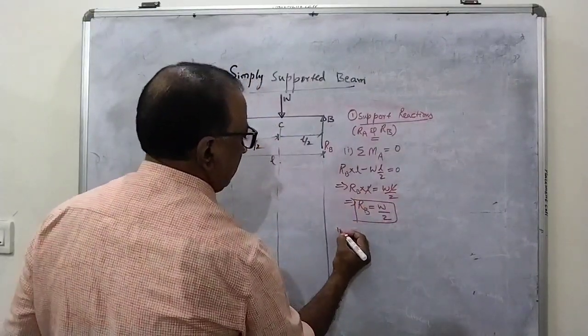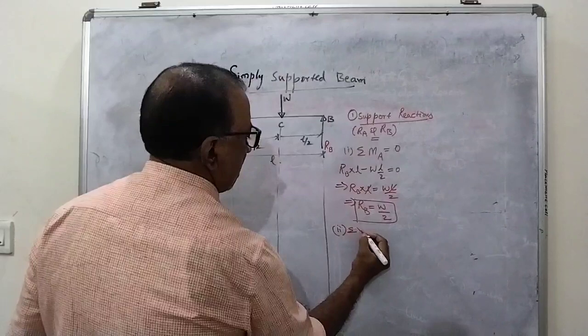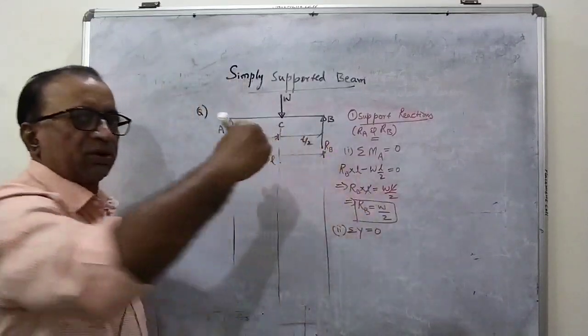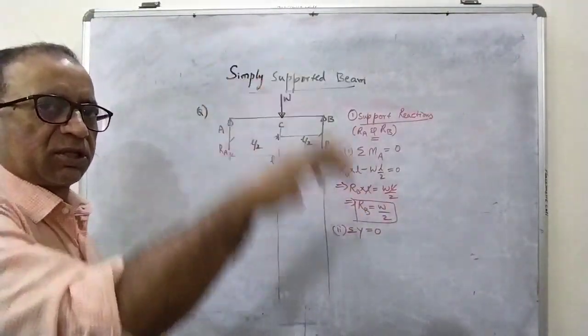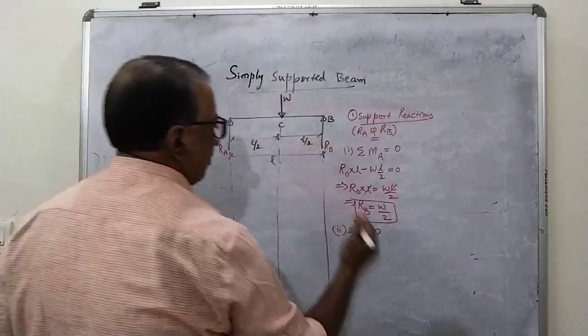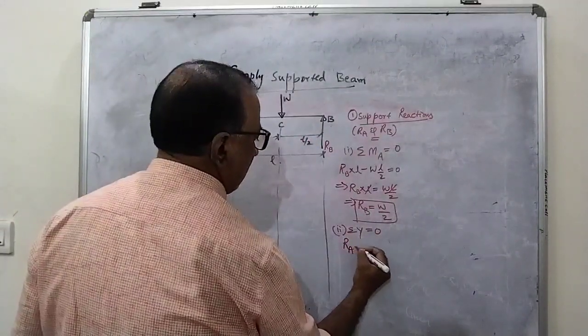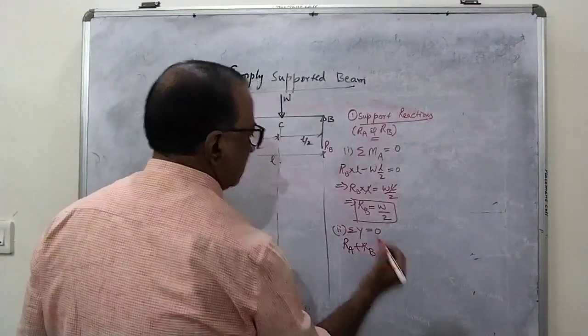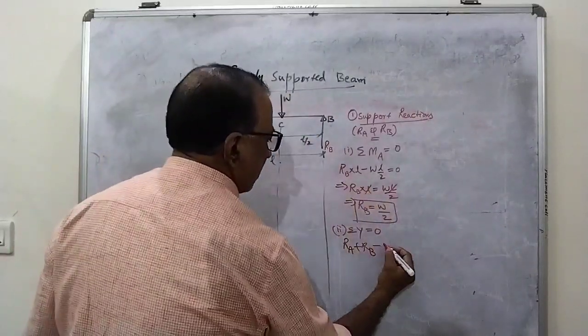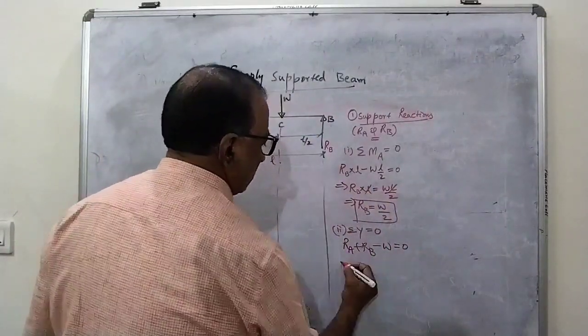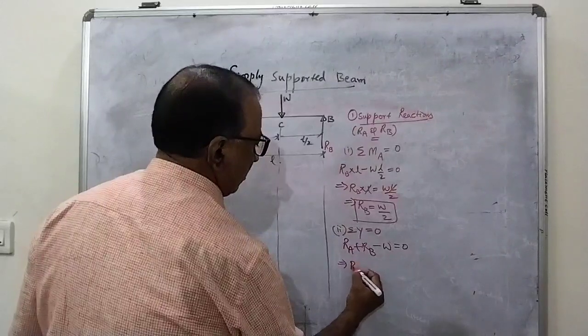And the second equilibrium equation is algebraic sum of vertical forces is equal to 0. Sum of the upward is equal to sum of the downward. Upward, how many forces are there? RA plus RB. And downward only one load is there, minus W is equal to 0. Already we know the RB value.